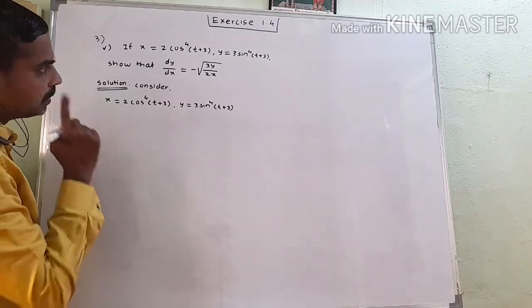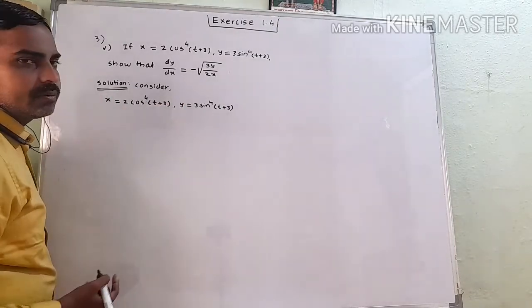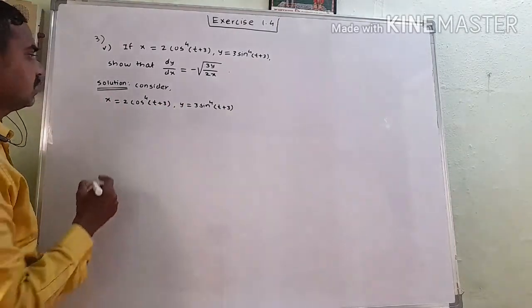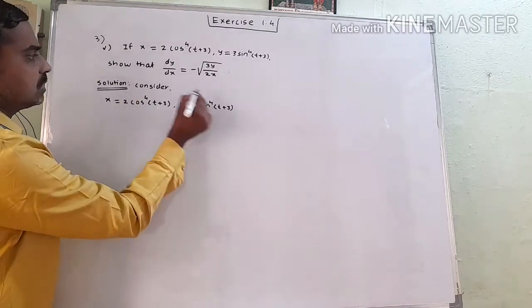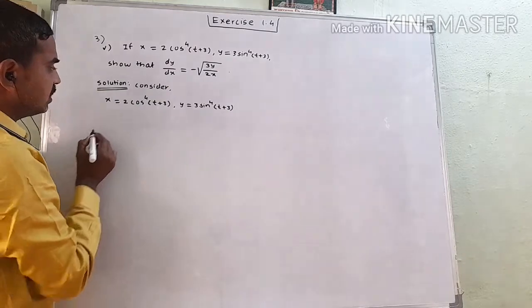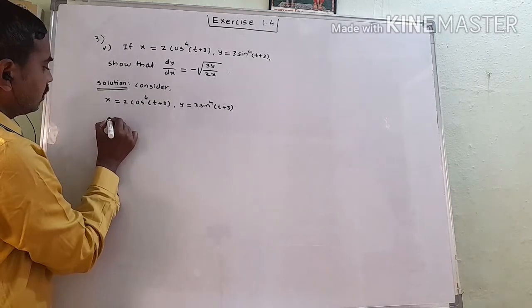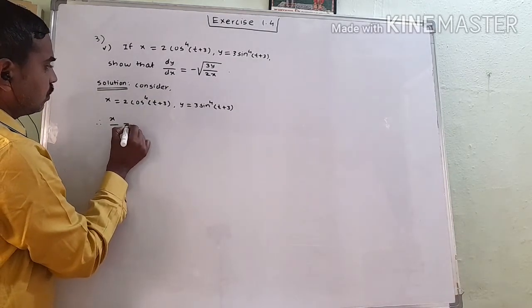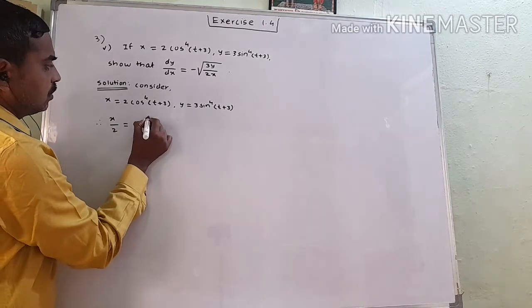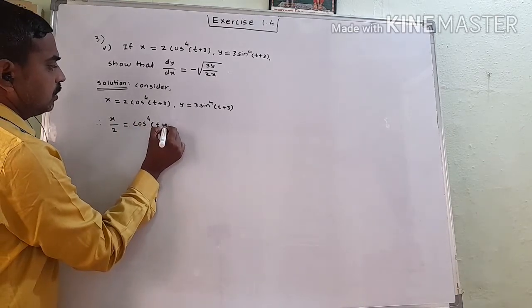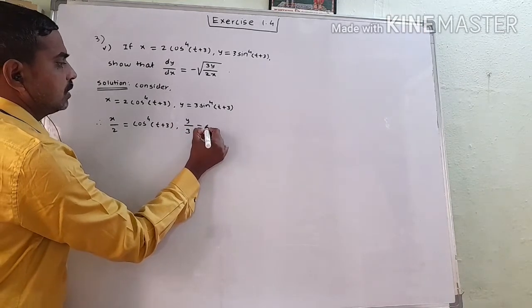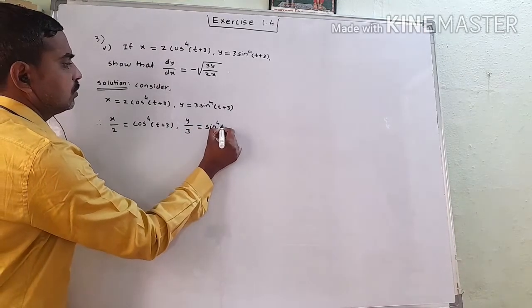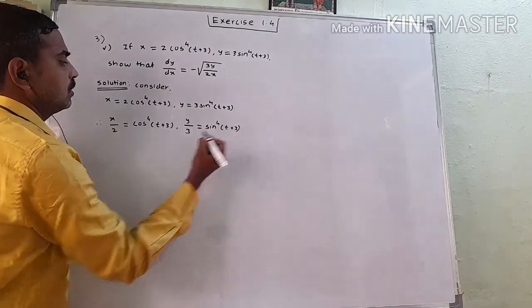Means first of all we have to eliminate the parameter and then we have to differentiate it. Now to eliminate the parameter, we first write the given equations as they are. Then we will write therefore x by 2 equal to cos raised to 4 (t plus 3), y divided by 3 equal to sin raised to 4 (t plus 3).